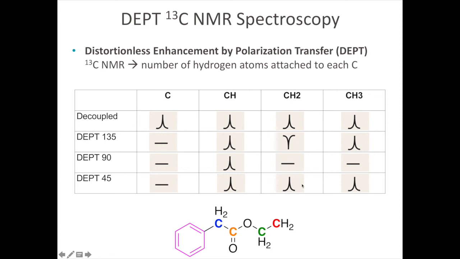So you will see a negative signal in 135, no signal in 90, and a positive signal in 45. How about this one? Oh, this one should have been a CH3, typo there. So this is a CH3, so you should see a signal in 135, none in 90, and a signal in 45.